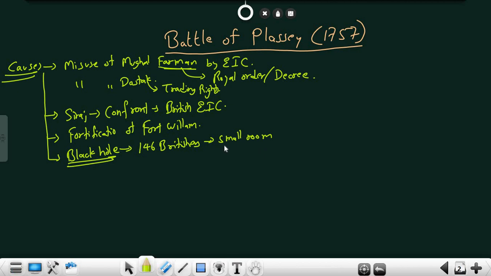After getting locked in such a small room, they all died due to suffocation.